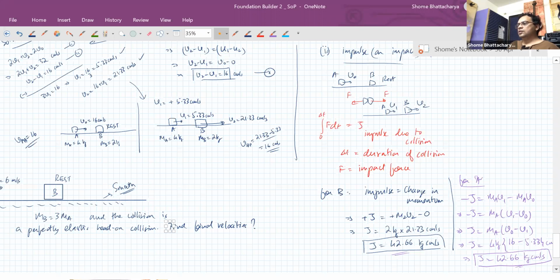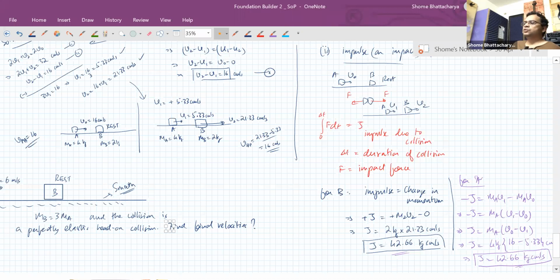Now for A we are applying the same thing. Impulse is equal to change in momentum. But remember, impulse and momentum are vector quantities. Here they are one-dimensional vectors, so their direction is shown with an algebraic sign, plus or minus, instead of unit vectors. The impulse acting on A has magnitude J, but what about the direction?